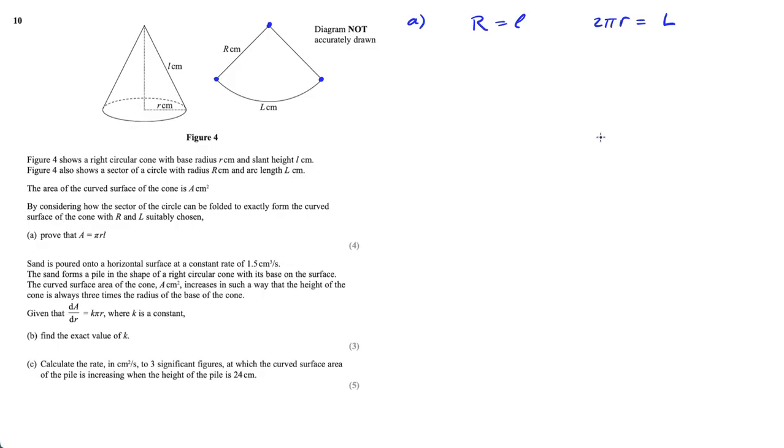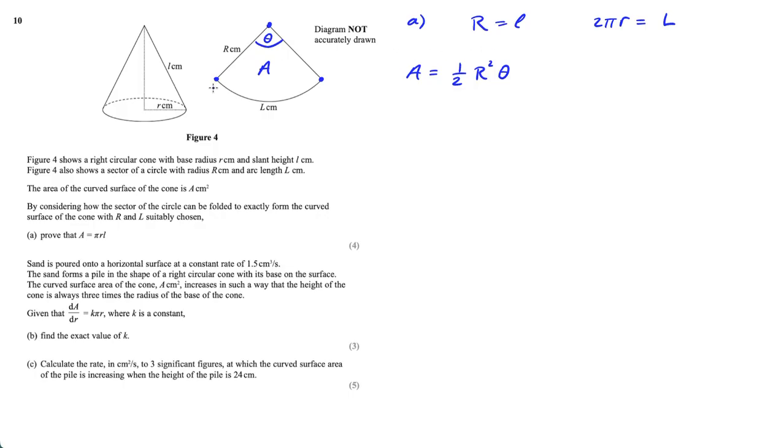L. Okay, so what we can do is, the area of the curved surface of the cone is equal to the area of the sector. Now, what's the area of a sector? Well, the area of a sector is a half R squared theta. So it's a half capital R squared theta. That is the area of a sector formula with this R and some theta here.